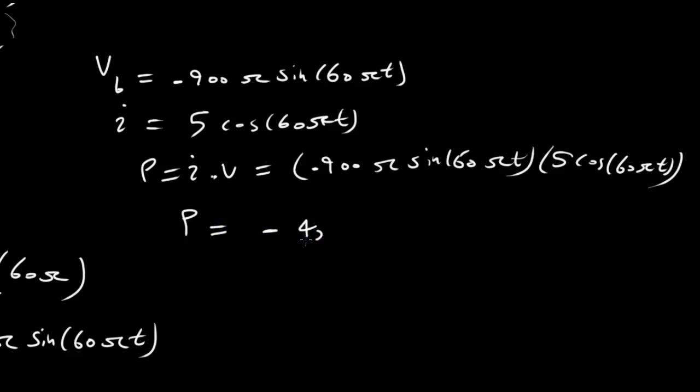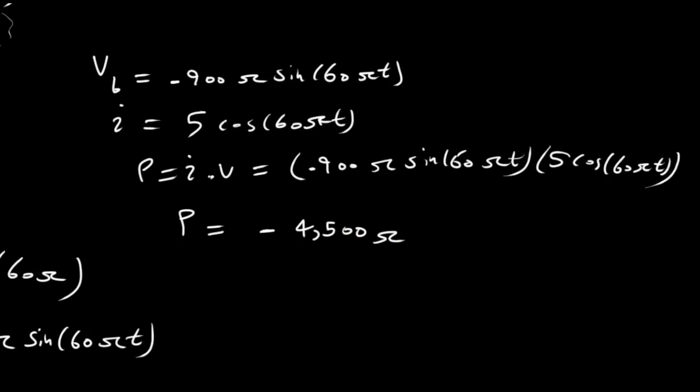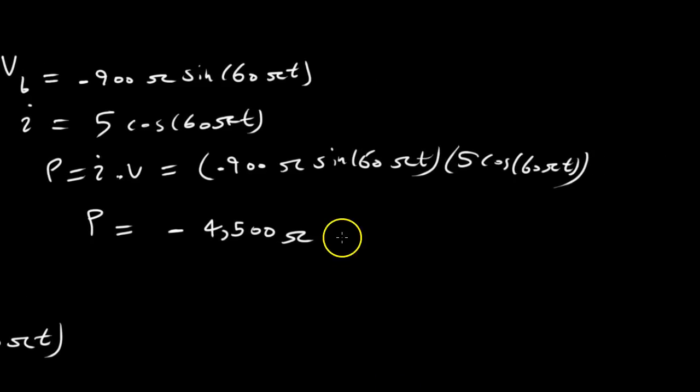And that is going to give us negative 4,500 pi. Let me double check. Yep, 4,500 pi. Now let's see. Did I do this right? I get a sine and a cosine, so it should be right now. Sine of, let me write this down. t is equal to 3 milliseconds. We've got to evaluate that at 3 milliseconds.